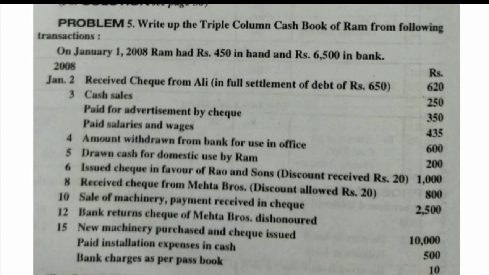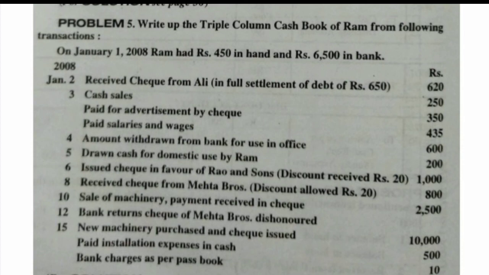Machinery account debit, and we are also incurring installation expenses on the machinery. So what is the amount? That is 10,000, right? So we are issuing a check for 10,000.